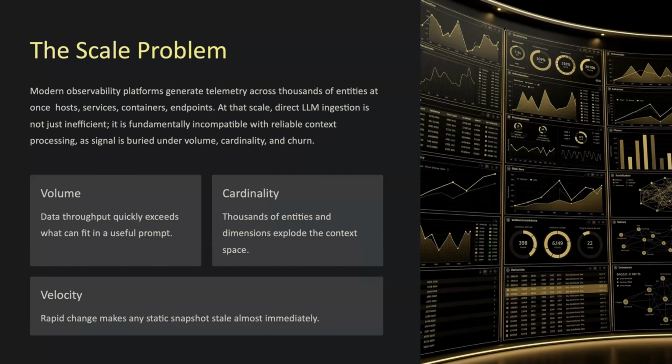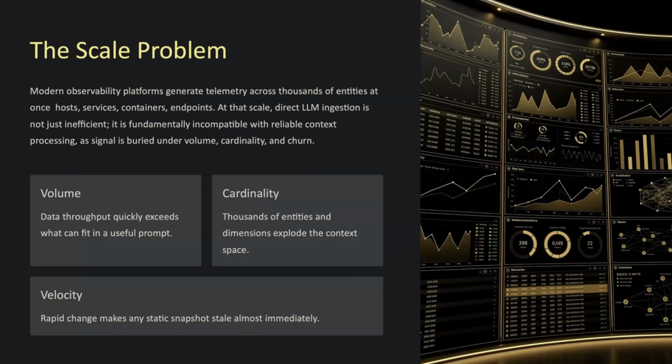So if you take all of this raw telemetry information and feed it into the LLM, you're going to run out of context pretty quickly. And the cardinality is super high. You not only have a lot of entities, but you have a lot of dimensions that the LLM has to sift through and figure out what the anomalies and change points are. And if you think about it, in a real production system, things are changing by the minute.